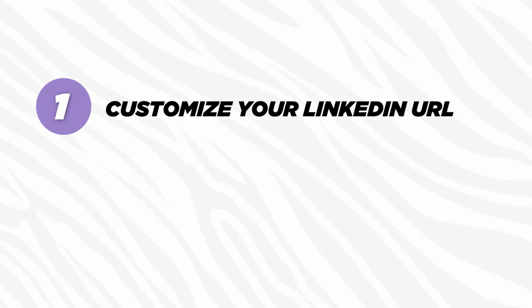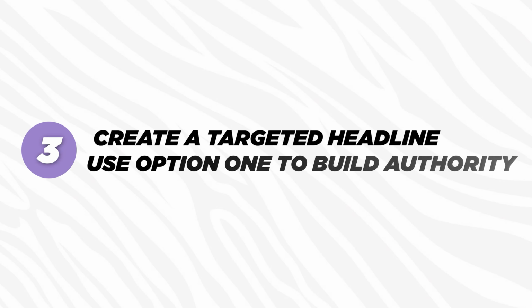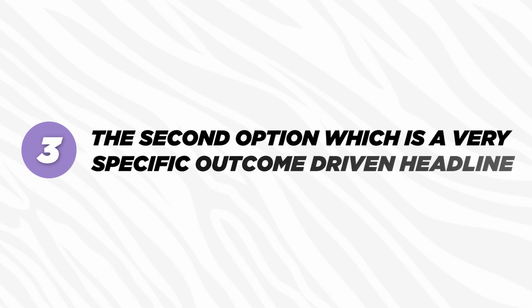And there you have it. Those were my 9 beginner tips on how to get started on LinkedIn in 2026. Let's recap them. First, customize your LinkedIn URL. Second, update your visuals like your headshot and your banner. Next, create a targeted headline. Use option 1 to build authority, or the second option, which is a very specific outcome-driven headline.